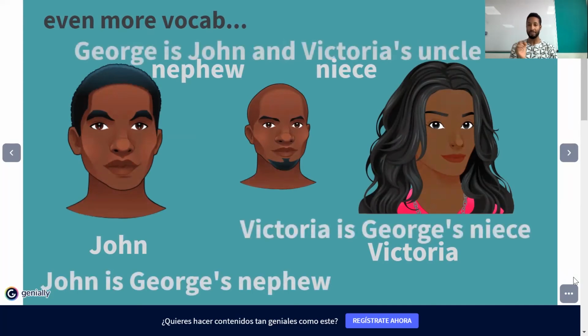So again, apostrophe S. Now, George is John and Victoria's uncle. So again, we use apostrophe S to show possession, okay? We do not say George is the uncle of John and Victoria. Nope, we don't do that. We use the Saxon genitive every time because we want to speak perfect English.